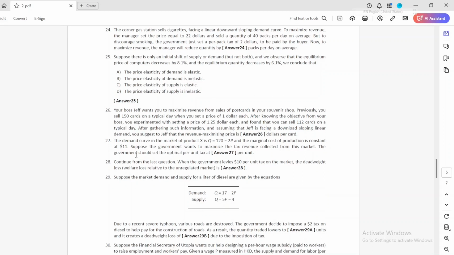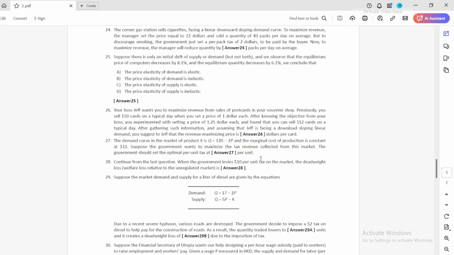Now the next question is the second last question. We'll stop at question number 28. In question number 27, you are given the demand relation and the marginal cost of production, and we have done a similar question in the previous video.